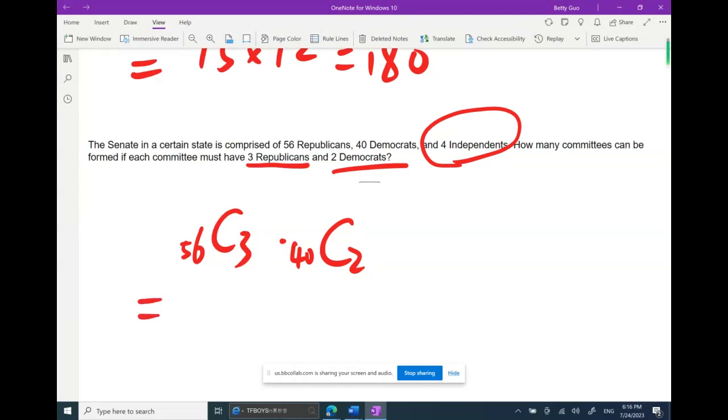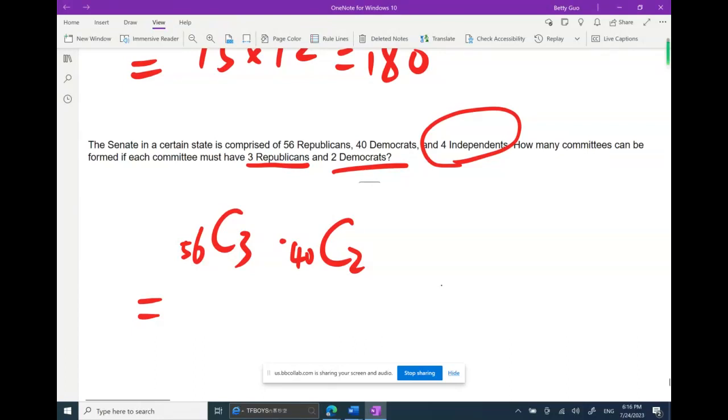Okay, let's do the calculation. Calculator: 56, and then go to math, probability, nCr, and enter 3. And that number multiplied by, I use a left parenthesis, and then 40. Go to math, probability, nCr, 2, close the parentheses.